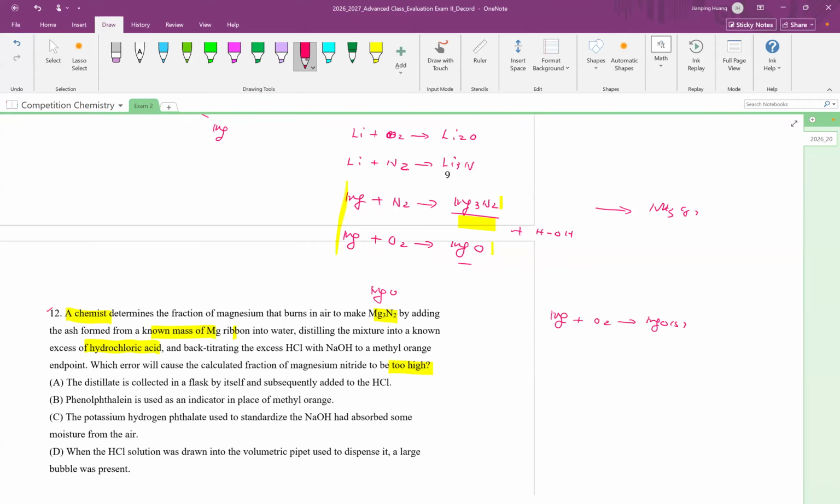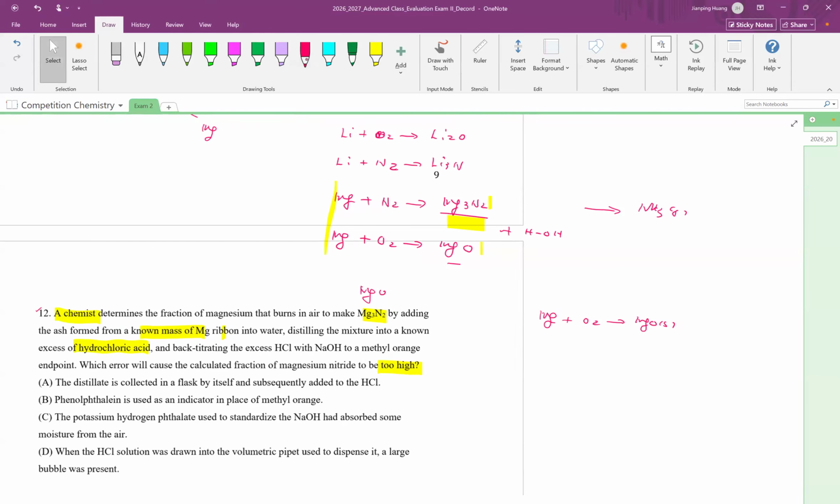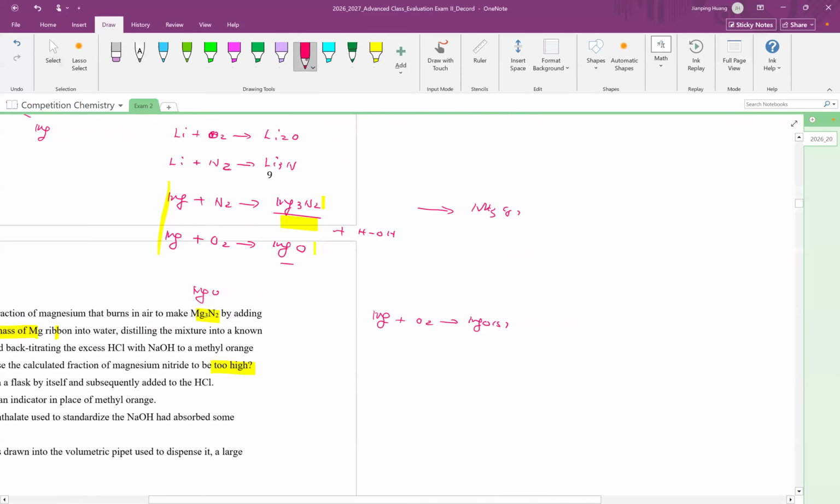You got it? So when you add HCl, the purpose is to remove the oxide coating. The purpose is to get pure magnesium metal with powder.